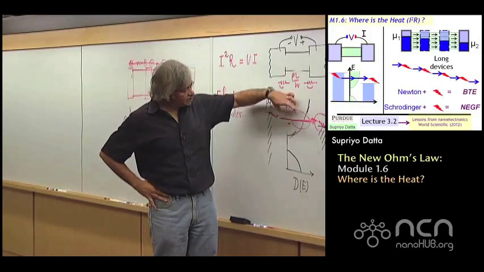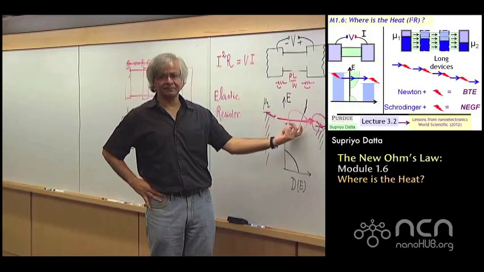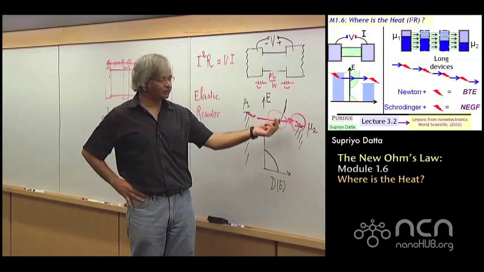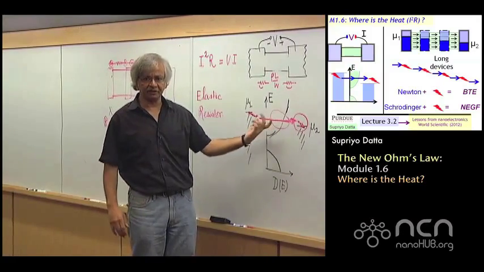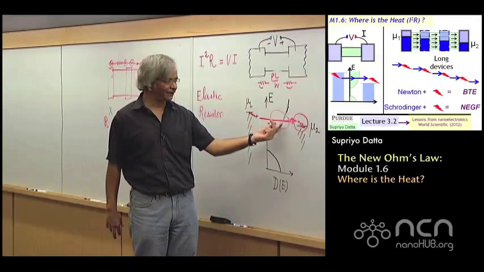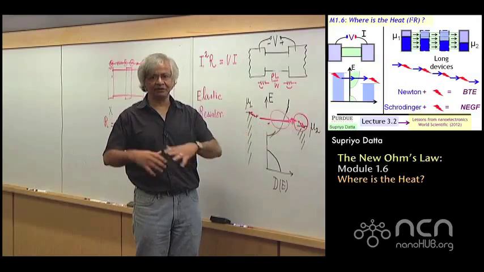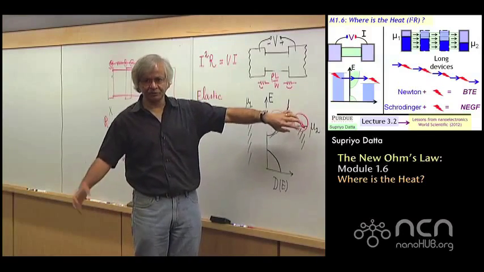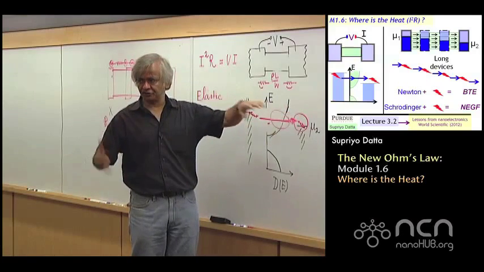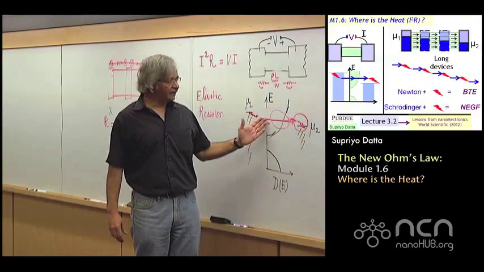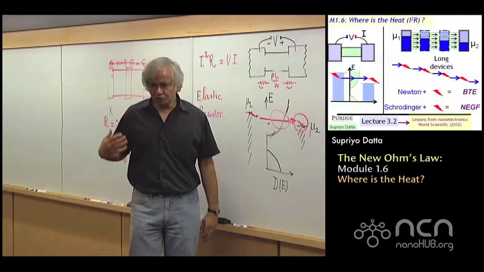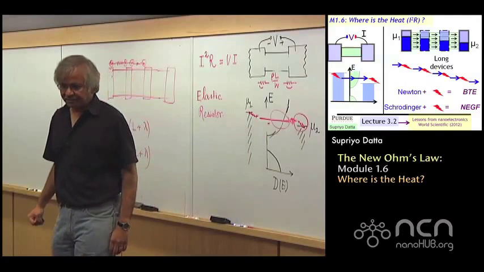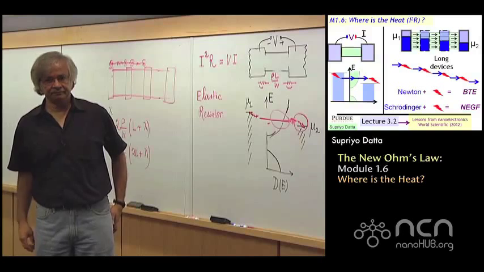And so this part, this elastic part, that's mechanics. That's when an electron goes from left to right and exchanges energy with nothing else. That's like planetary motion. This part of it, where it gives up heat to the surroundings, that's where thermodynamics, Fermi functions, all that comes in. And in the usual transport theory, those two things are mixed up.